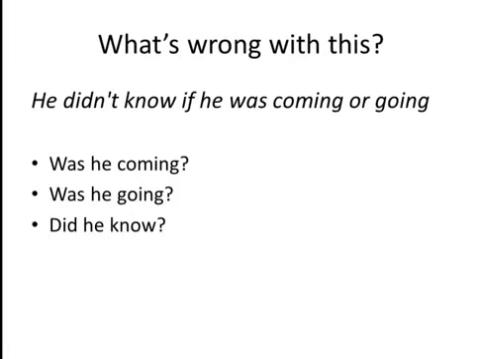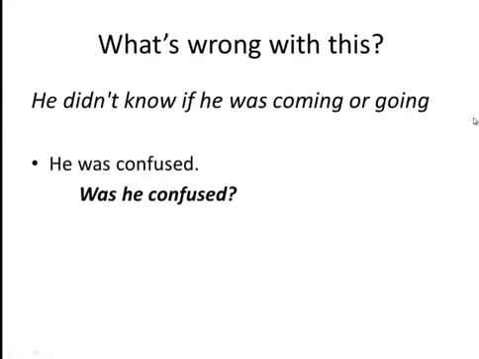Okay, hopefully you've done that. So he didn't know if he was coming or going. To know if you're coming or going does not mean that you're coming or going, or that you'll know about it. It's about being confused, isn't it? So the meaning is he was confused. And the question therefore is, was he confused?